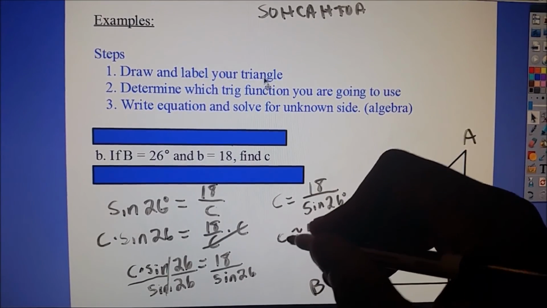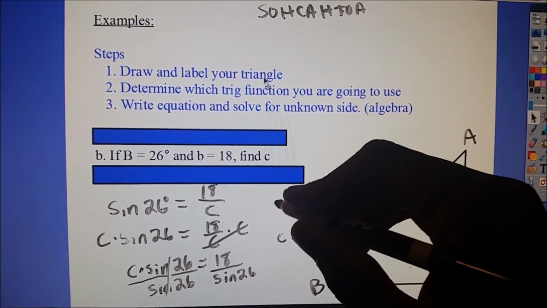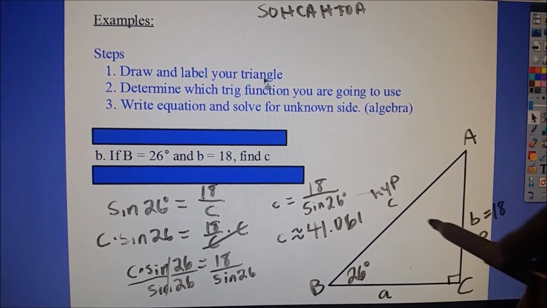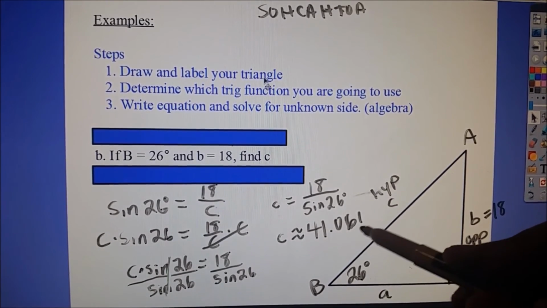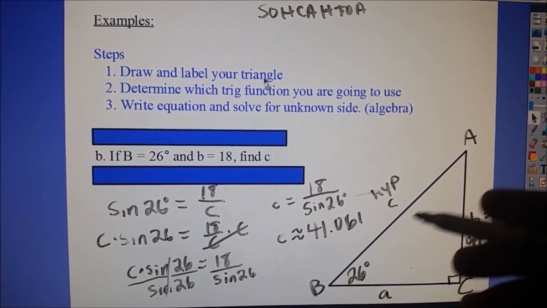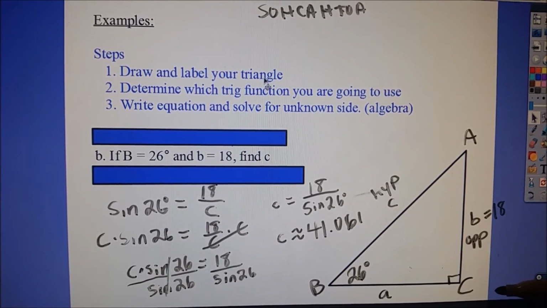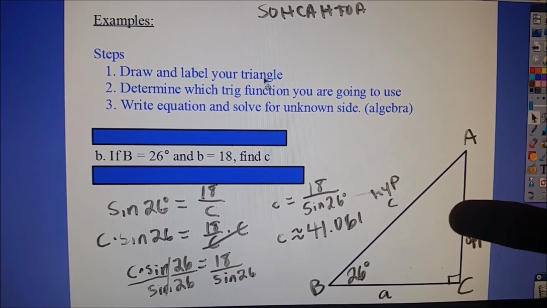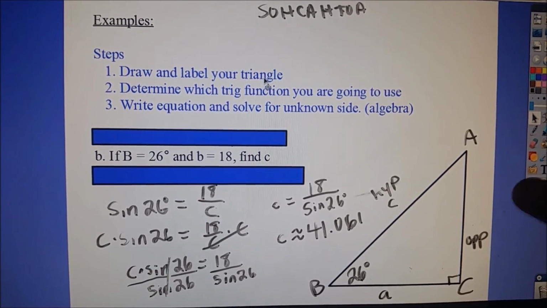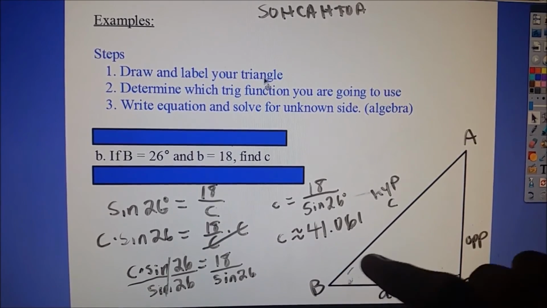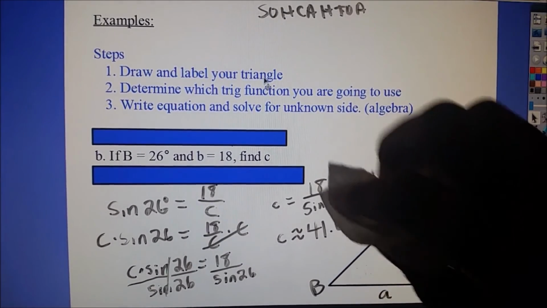So we know that the hypotenuse is going to be approximately 41.061. Questions? Okay. Because I know you're going to come into class with questions, so it's all good. One more. Let's go ahead, edit this stuff.